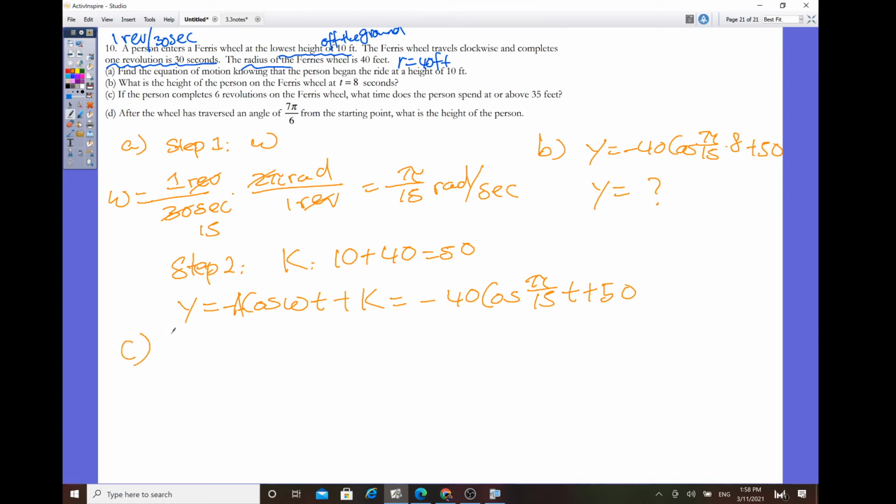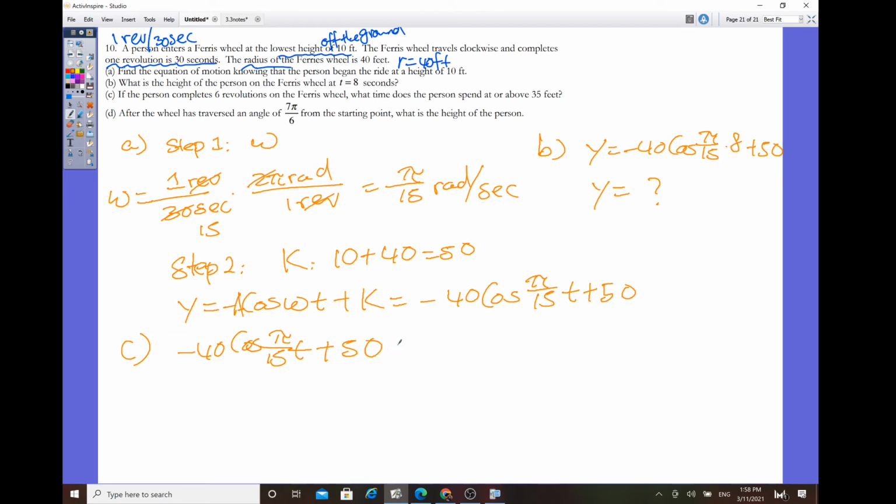so if the person completes 6 revolutions on the Ferris wheel, what time does the person spend at or above 35 feet? So spend at or above, okay? So the equation would be negative 40 cosine of pi over 15 t, and then plus 50.